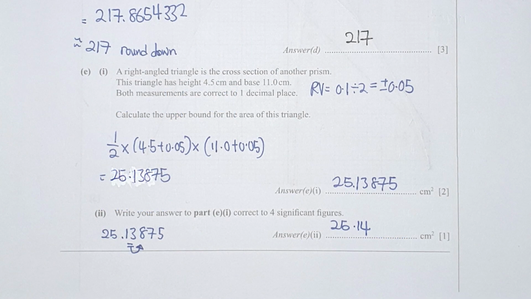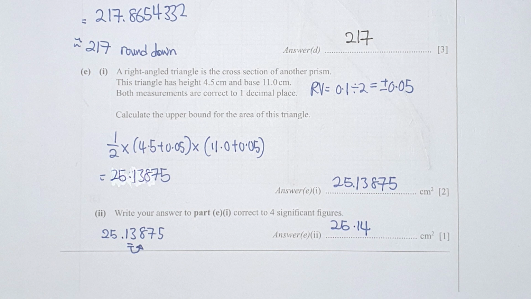Question E, slightly tricky. So the key thing to take note of is you're required to find the rounding value first. They only gave you one key piece of information, which is 1 decimal place. So 1 decimal place is actually 0.1, and 0.1 divided by 2 is actually plus minus 0.05.